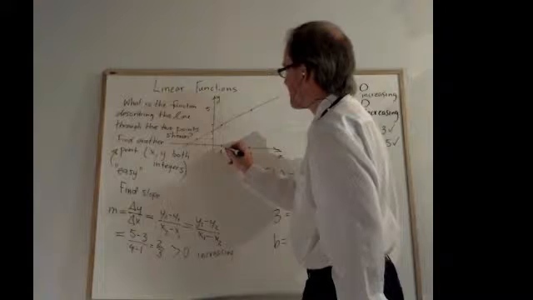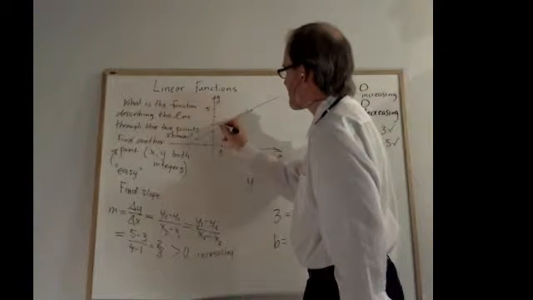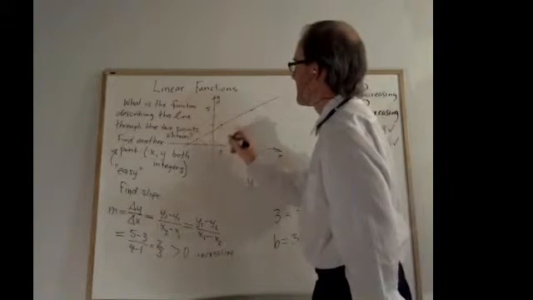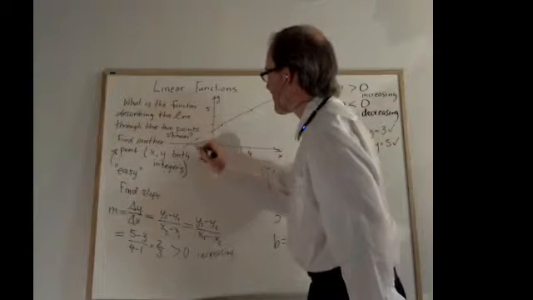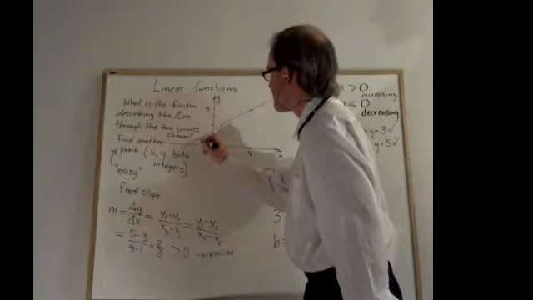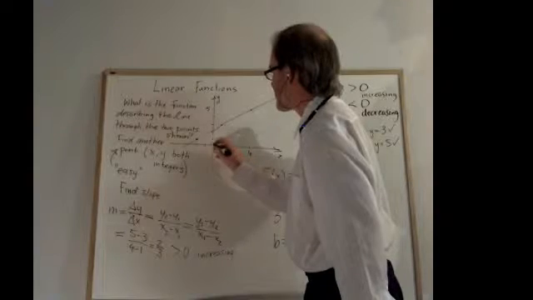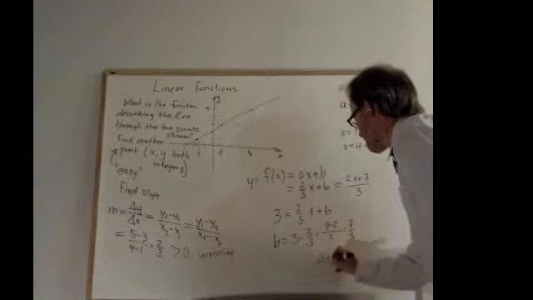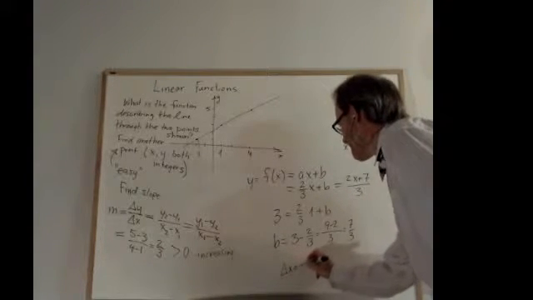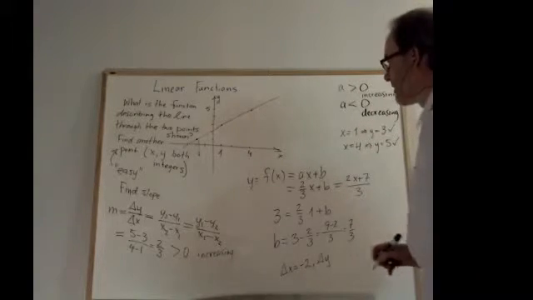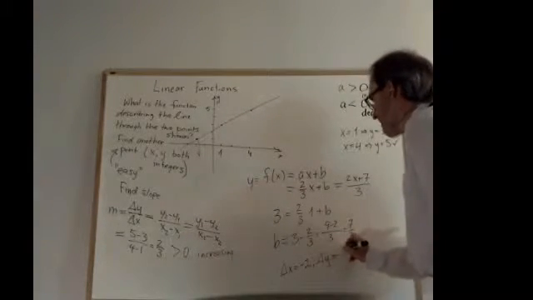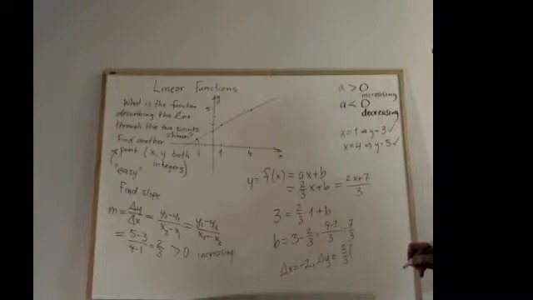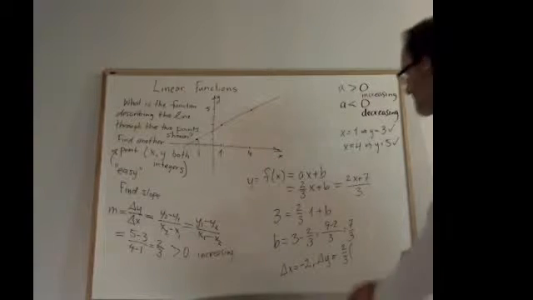So if I start from 1 and y is 3, then if I go 3 in the x direction, then I go up 2 in the y direction. So if I go to the left by 3, 1, 2, 3, then I should go down by 2 in the y direction. So delta x is equal to minus 3, and then delta y is the slope times minus 3.